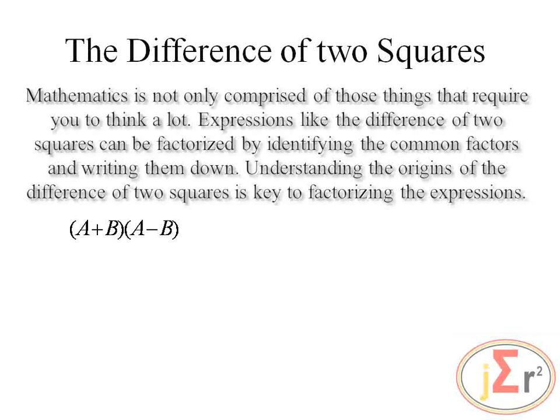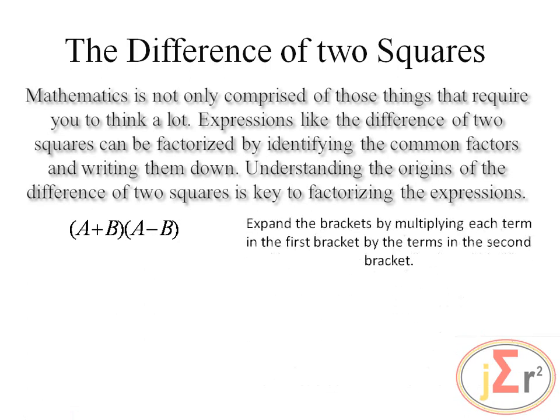So we have this expression which I am saying is the origin of a difference of two squares, and this is how we arrive at the expression. Expand the brackets by multiplying each term in the first bracket by the terms in the second bracket. We have a times a is a squared.